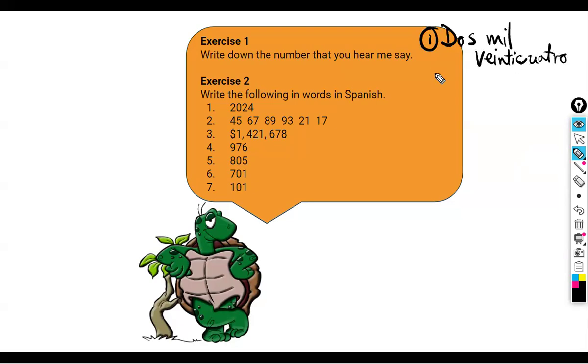All right. Now, number 2 is a series of pairs of numbers. So let's say these are the winning lottery ticket numbers, right? We're just going to do them in pairs. So what is the first one? 45? How do we say 45 in Spanish?